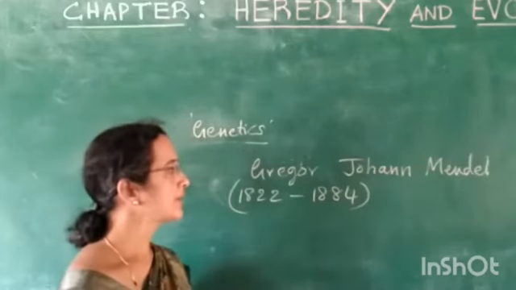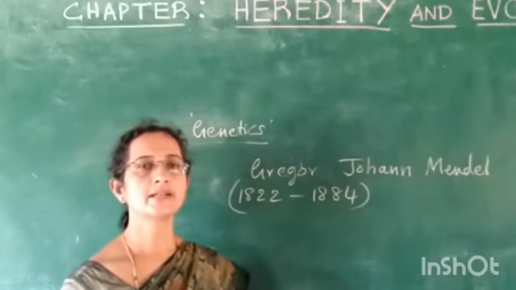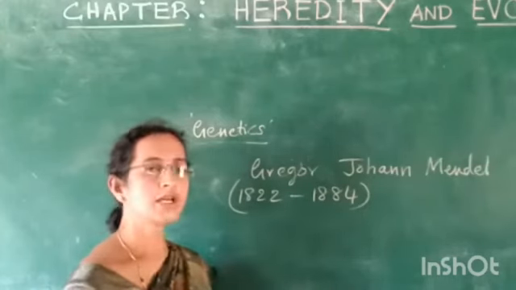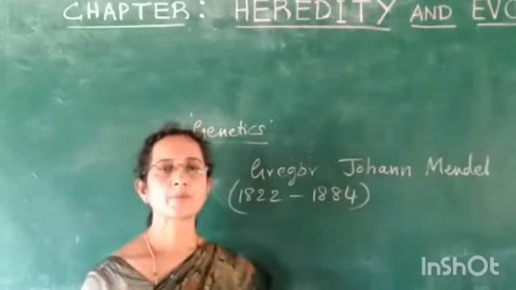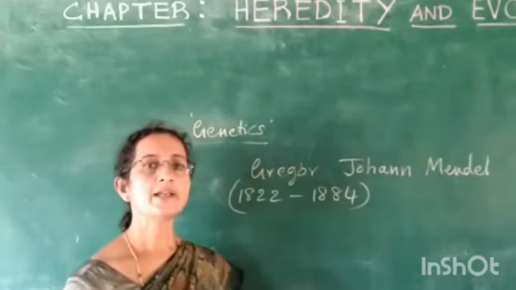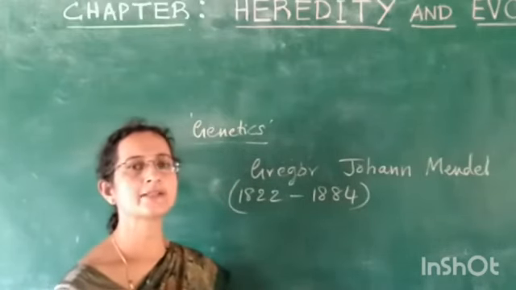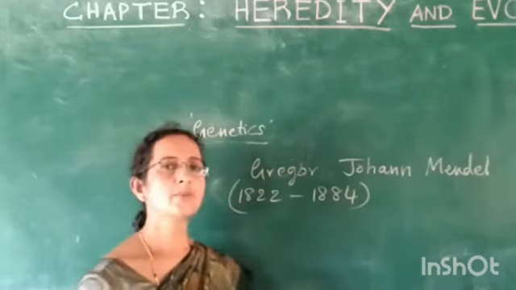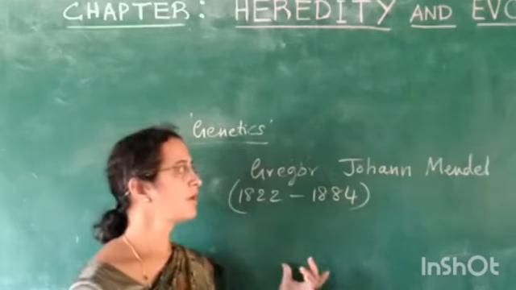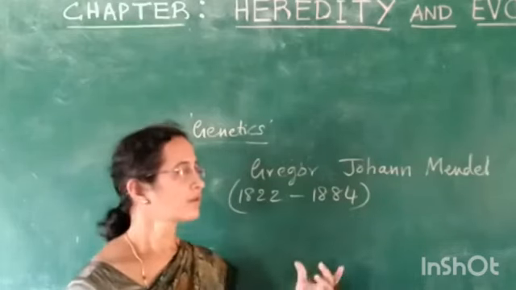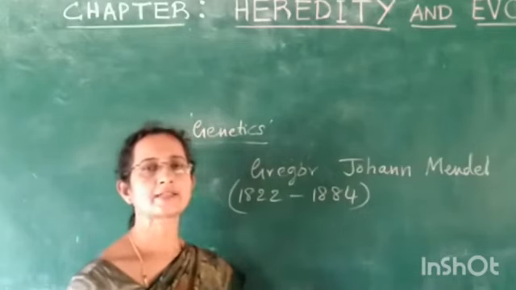We will be fascinated by the enormous interest he had in studying those subjects. He did so many experiments. He made several experiments on garden pea plants, and he obtained so many results. He put all those results in a tabular column and correlated that experiment to mathematics.